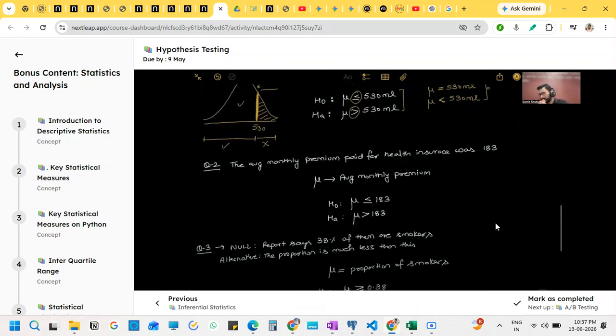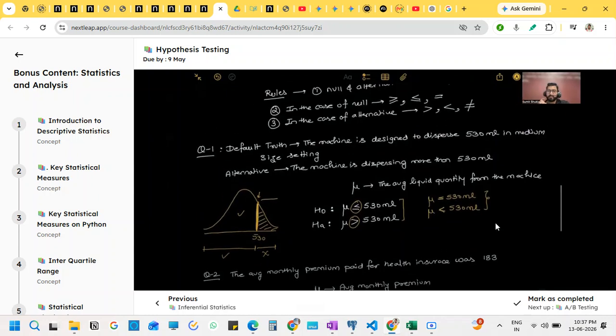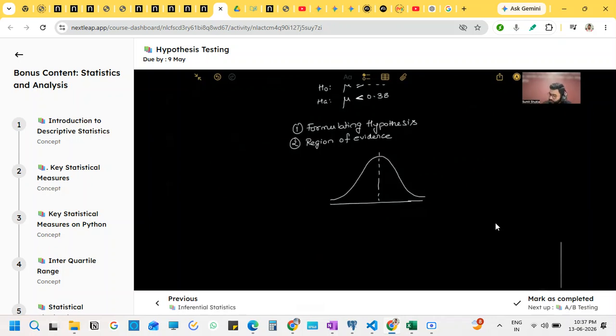Let's go to the first question, or maybe let me draw. The question says the machine is designed to dispense 530 ml in the medium size setting. Now, you believe that the machine is dispensing more than 530 ml, right? So the null is the machine dispenses 530 ml in medium size setting.